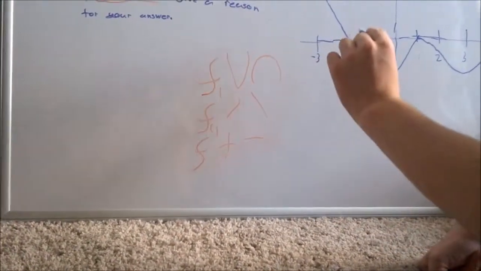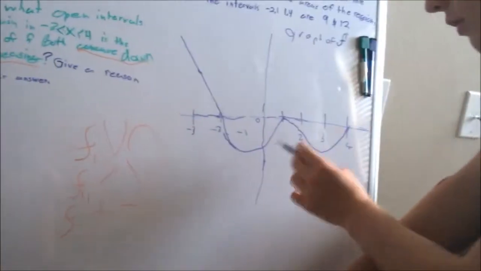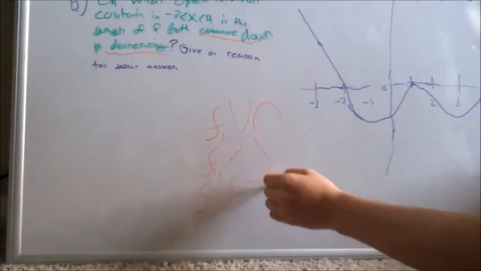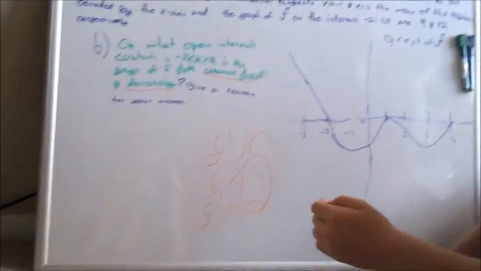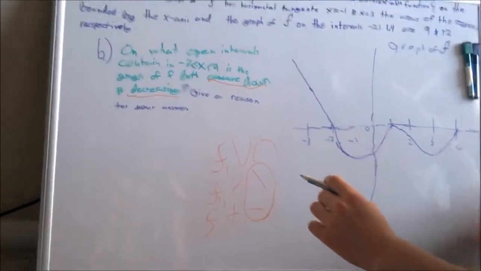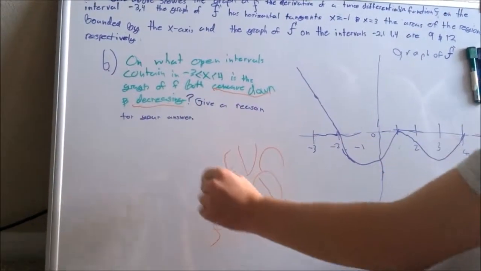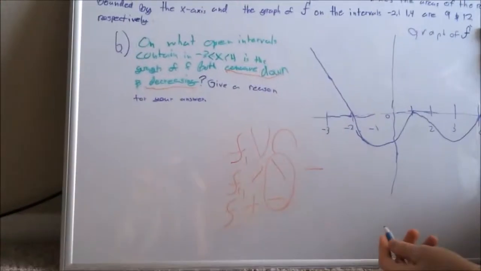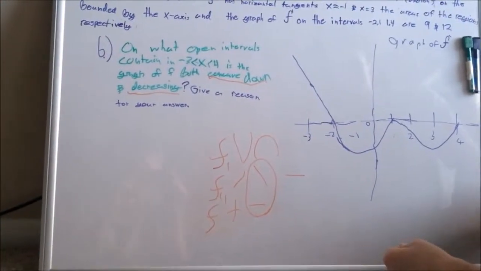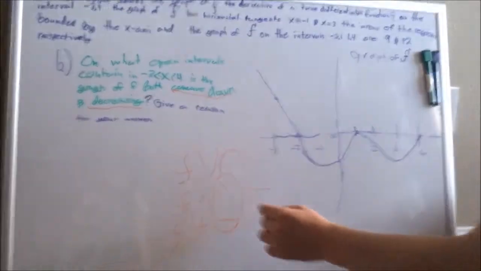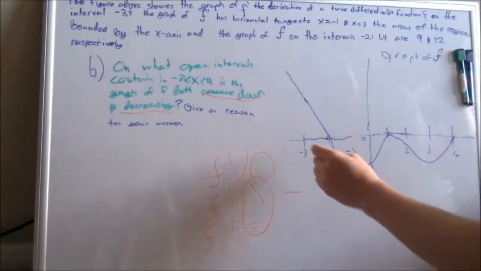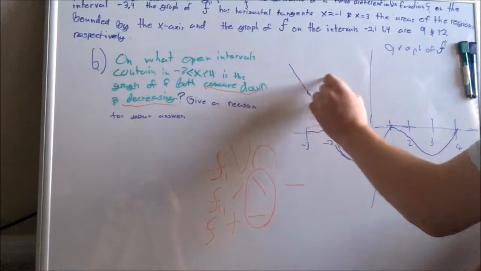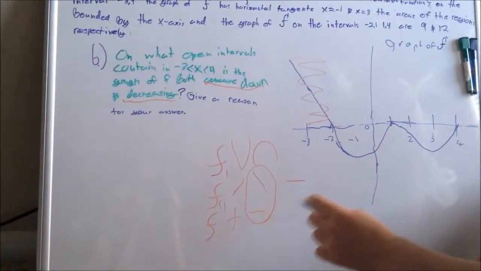So for any interval to be correct, these two criteria must be fulfilled. And for it to be decreasing, f prime itself must also be negative because it's the slope. Very logical conclusion there. So just based on the fact that we know f prime has to be negative, we can eliminate negative 3 to 2, as in this part, f prime is positive.